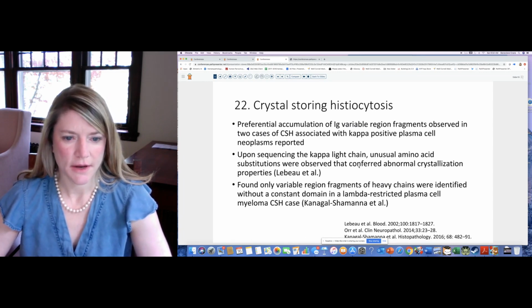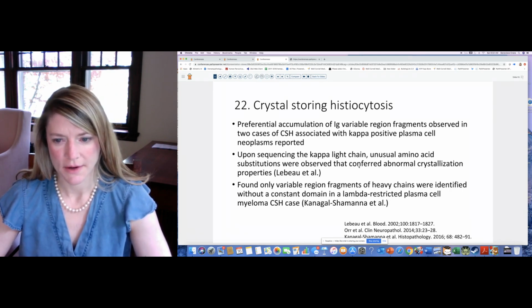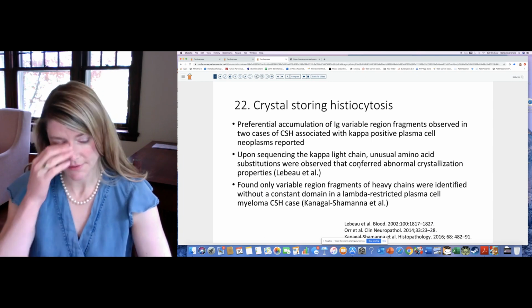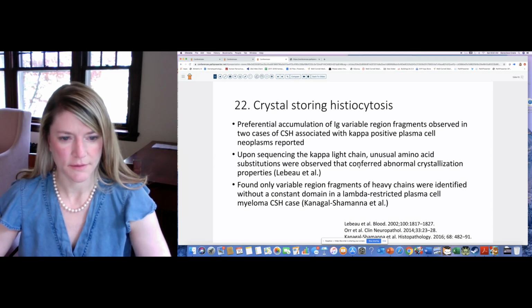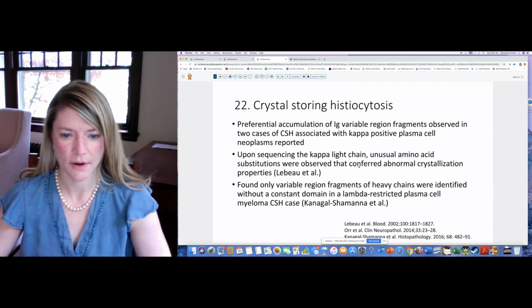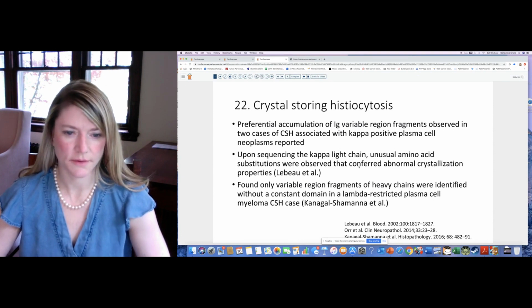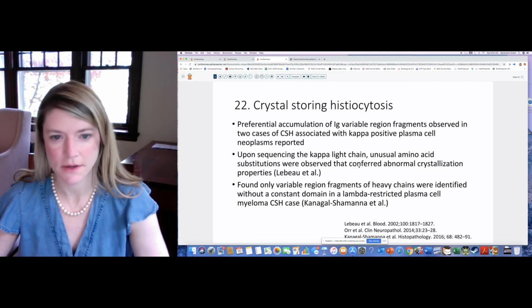A subsequent study found that variable region fragments of heavy chains were identified without a constant domain in a lambda-restricted plasma cell population, suggesting that the variable region may also be prone to mutations leading to crystal formation. And there's an interesting paper from the MD Anderson group, Dr. Kanagal-Shamana, published a few years back on this topic.